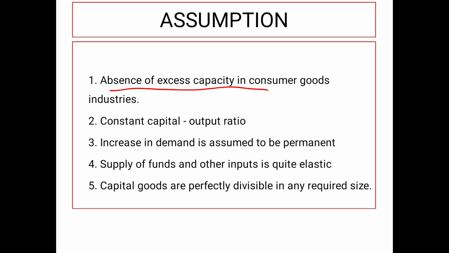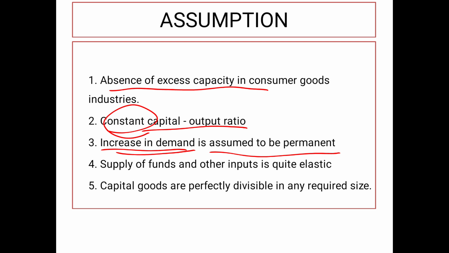Next is a constant capital output ratio, that is always constant. Increase in demand is assumed to be permanent. This we cannot take into consideration, because demand increases at certain times and sometimes it may also decrease. The fourth point tells you supply of funds and other inputs is quite elastic.